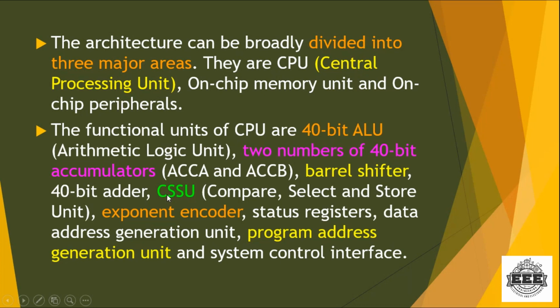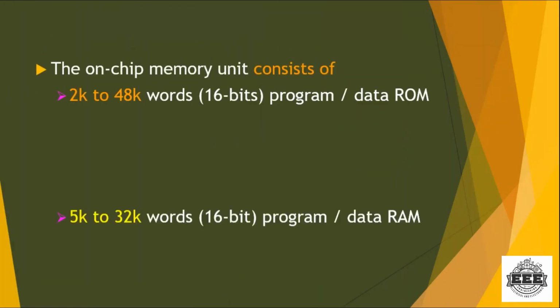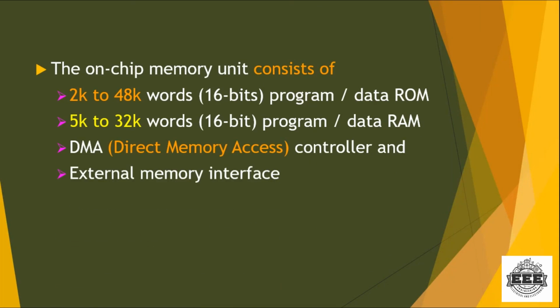Then an exponent encoder, status register, data address generation unit, program address generation unit, and system control interface. So these are the units present in the CPU. It is the central processing unit of that architecture.